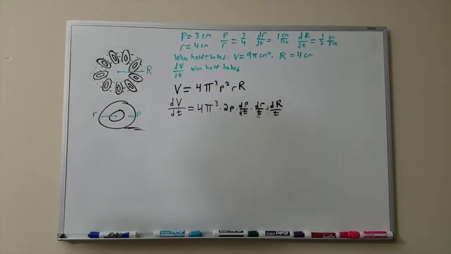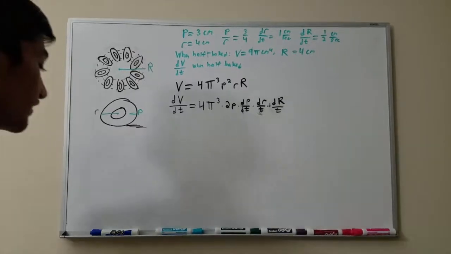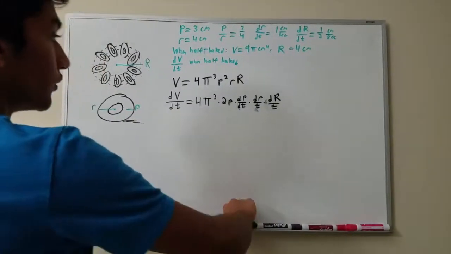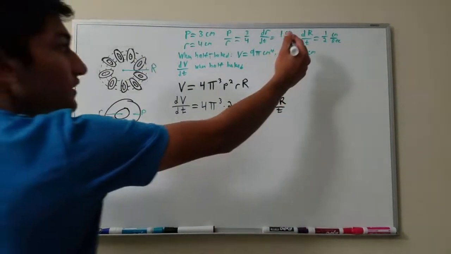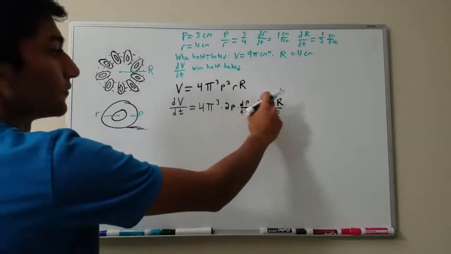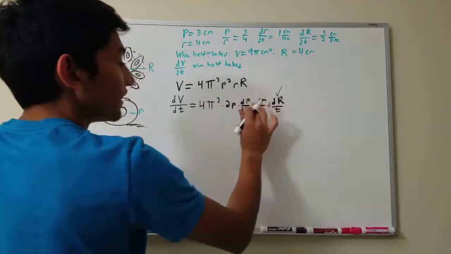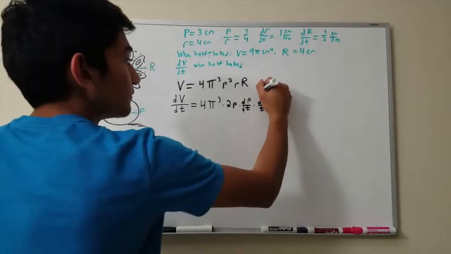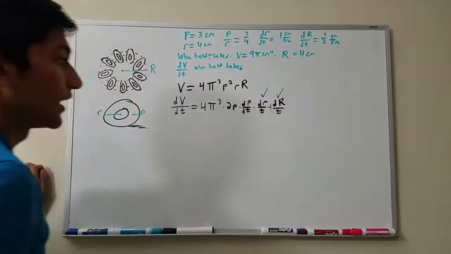So now if we look at this, we can try and see what values we have and what values we don't know. So we know what dR over dt is. We know what the change in the major radius with respect to time is.